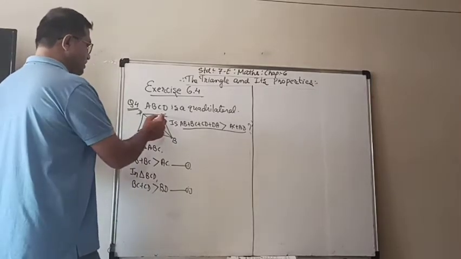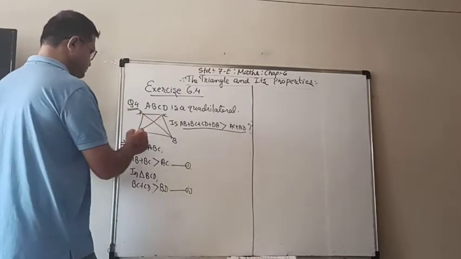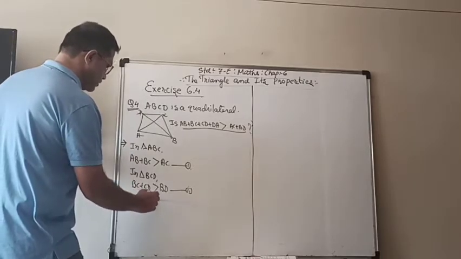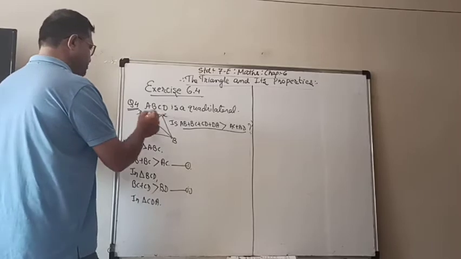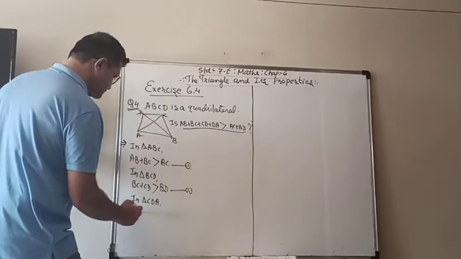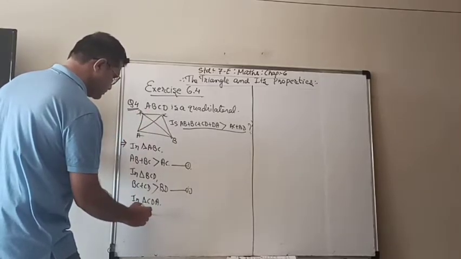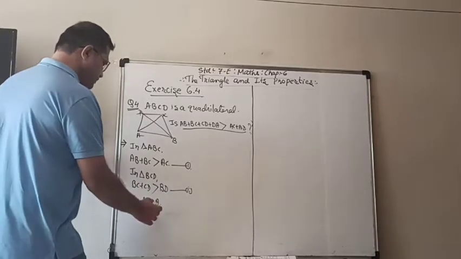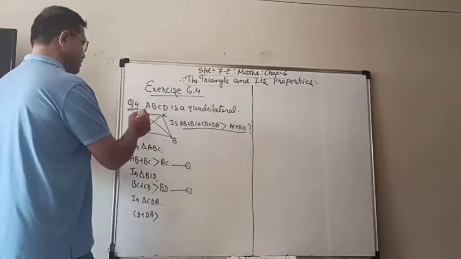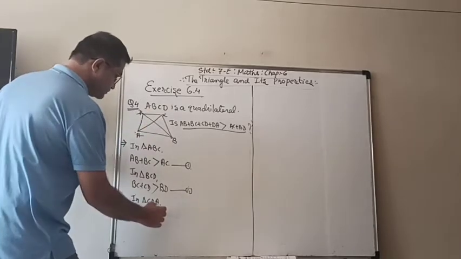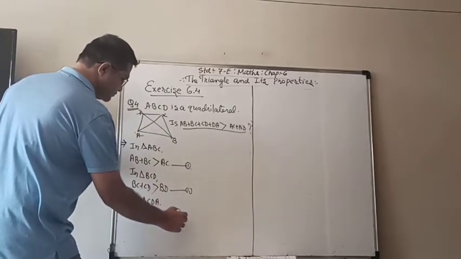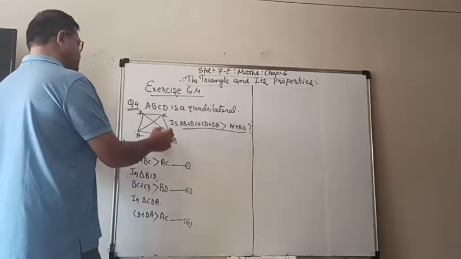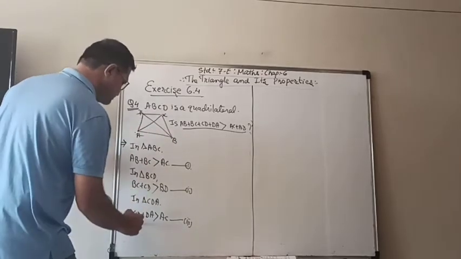Now we will take the third triangle CDA. So CD plus DA is greater than AC. And the last triangle DAB.